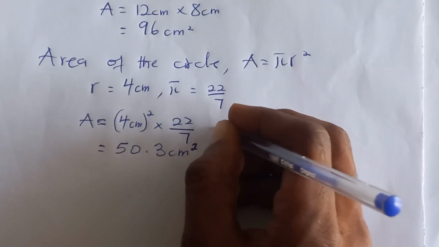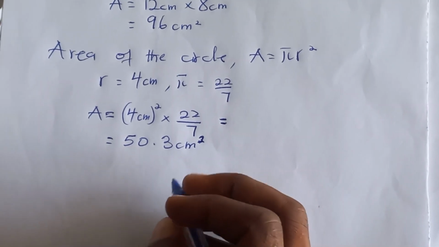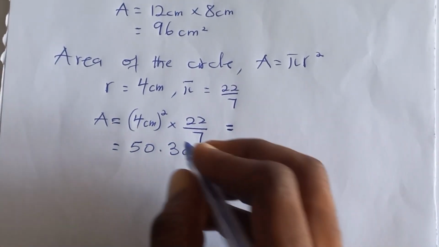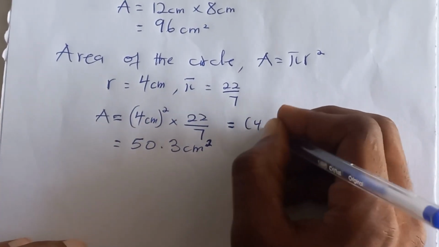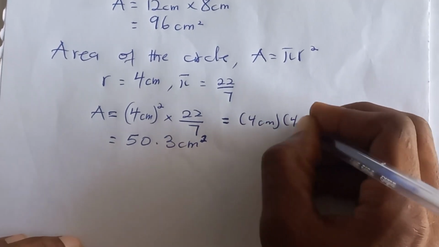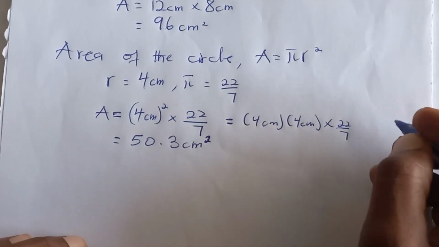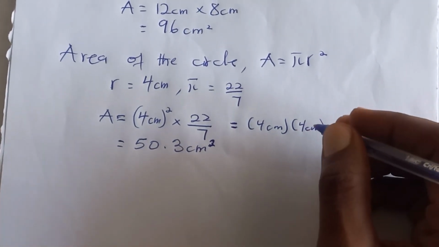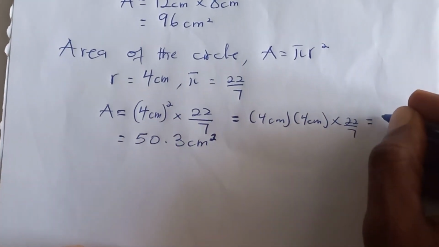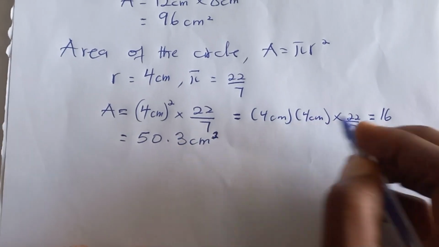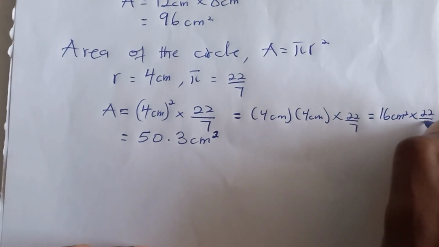Let me simplify this for you so that you see how we were able to get the 50.3 centimeters squared. We know that 4 centimeters squared is the same as 4 centimeters multiplied by 4 centimeters, times 22 on 7. So 4 times 4, we are going to get 16, and centimeters times centimeters is centimeters squared, times 22 on 7.